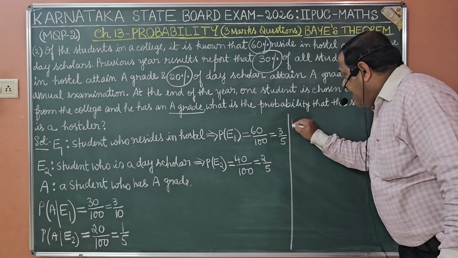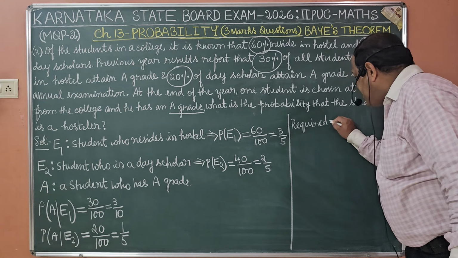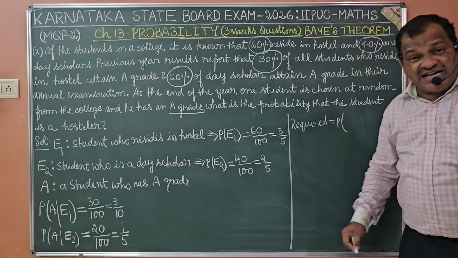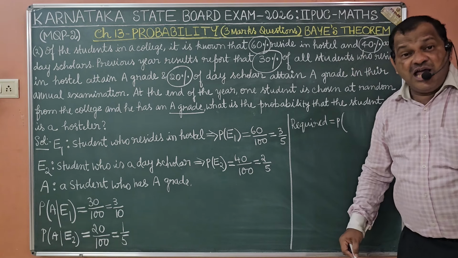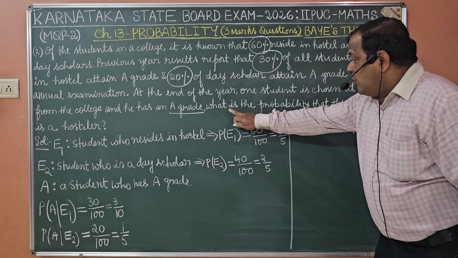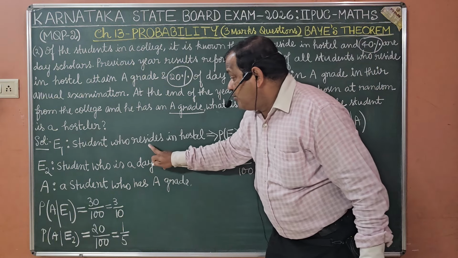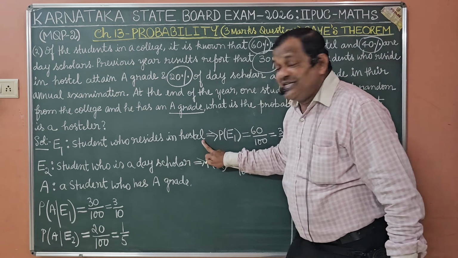That means I will write here required. Required is a student has A grade. A student already secured A grade. That event already took place. So it is event A already took place. But now we are cross-checking what is the probability that the student is a hosteler. Where is the event that a student who resides in hostel?